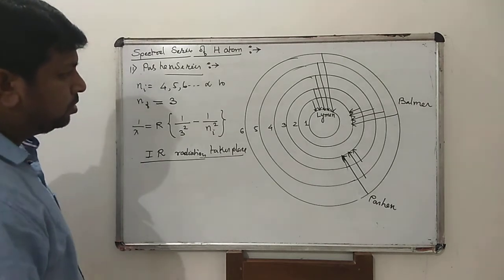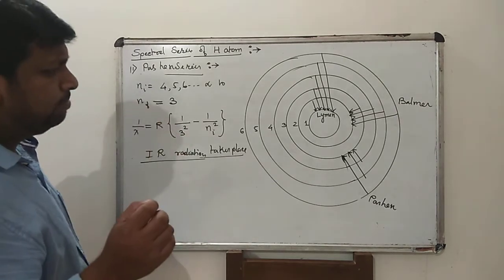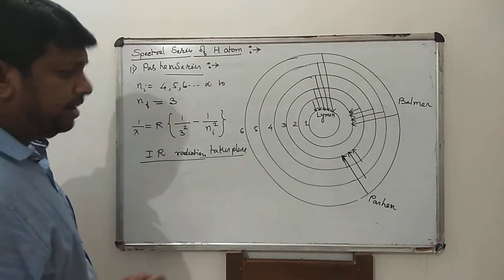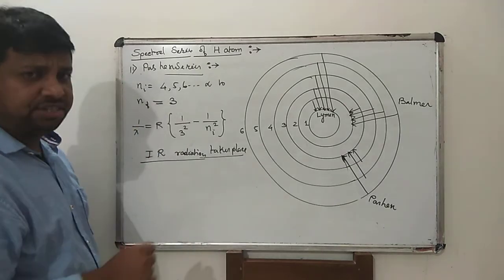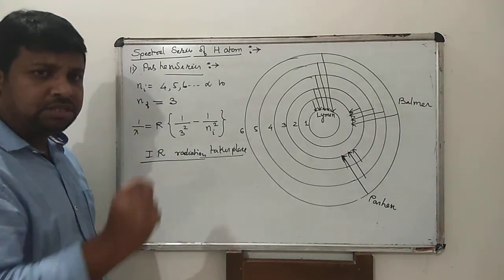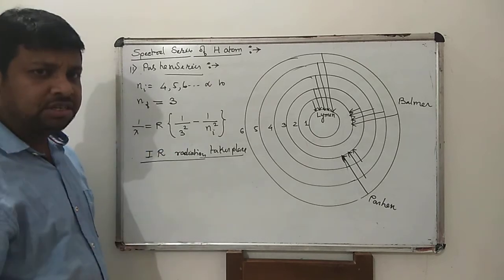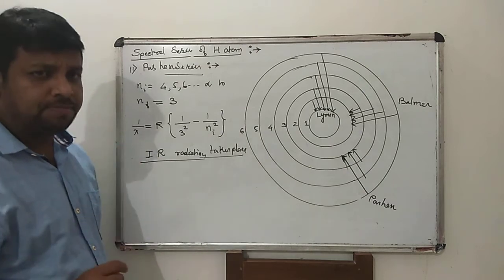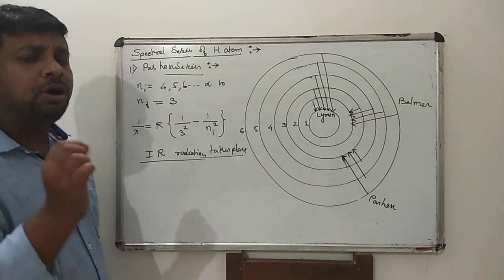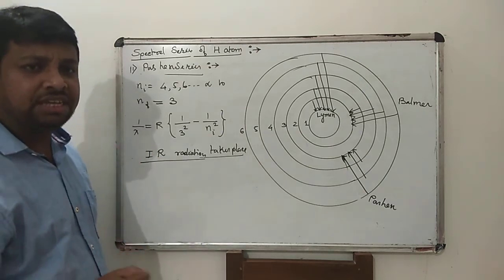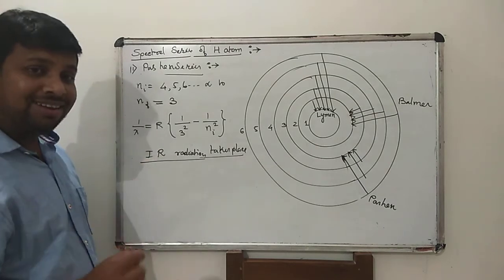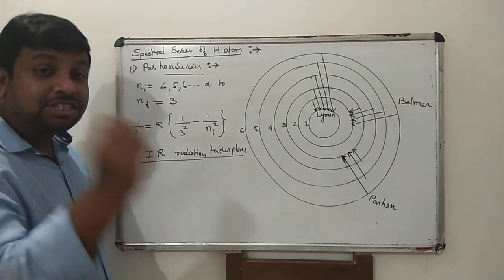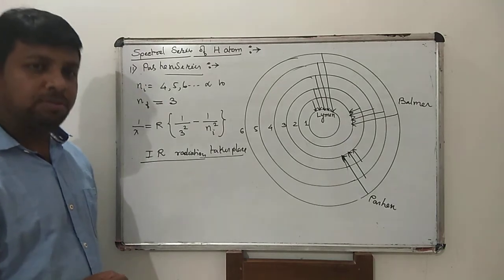Okay. So first let's say the longest wavelength of each spectral series is the first transition. That means for each spectral series, its longest wavelength is the first transition. The first transition of each spectral series has the longest wavelength, and the last transition has the shortest wavelength.